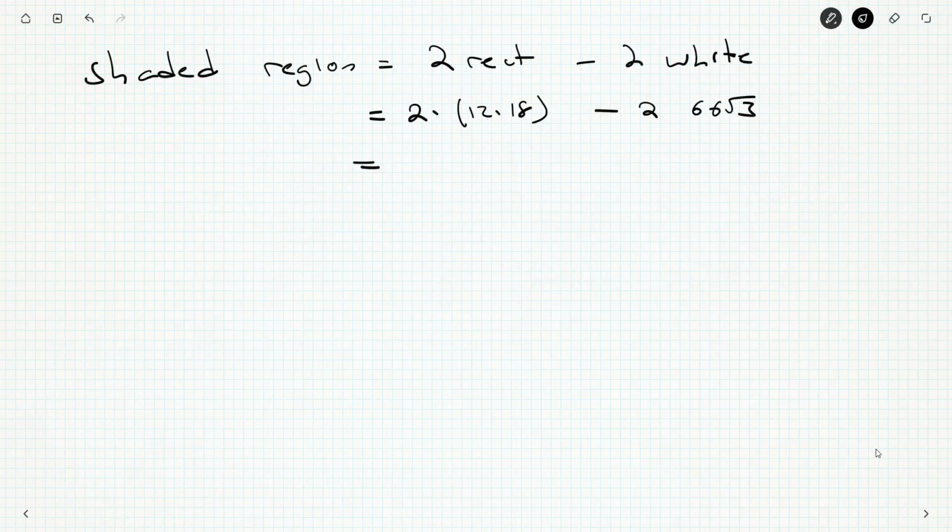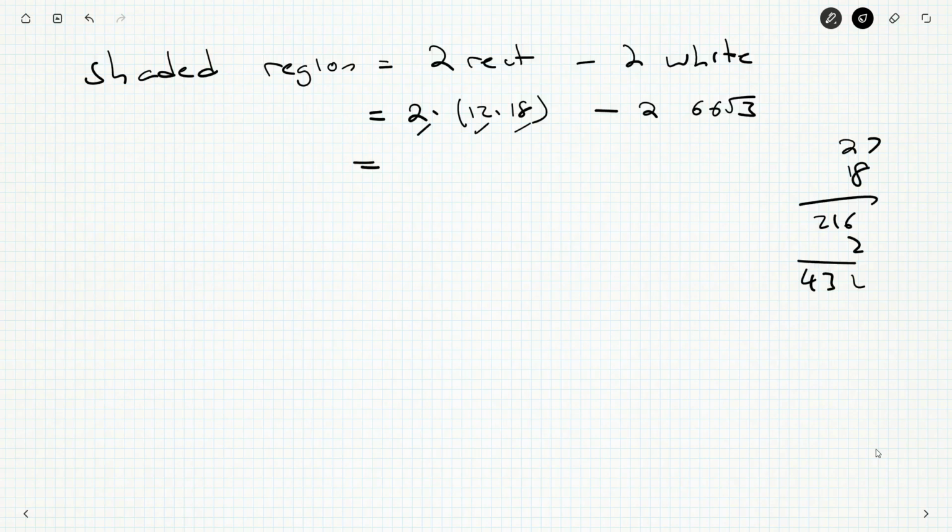So 2 times 12 is 24, times 18. So 12 has a factor of 3, 18 has 2 factors of 3, so that's 27. 1 factor of 2, 2 factors of 2, 1 factor of 2, so that's 16 times 27. I can't do that in my head. 27 times 8 is 216, times another 2 is 432. Okay, I could do it. Had to do a little bit by hand.